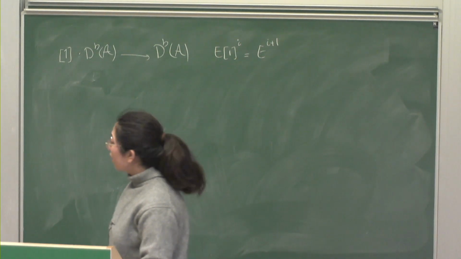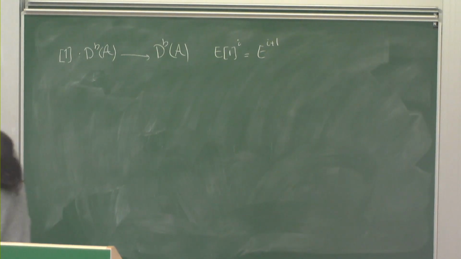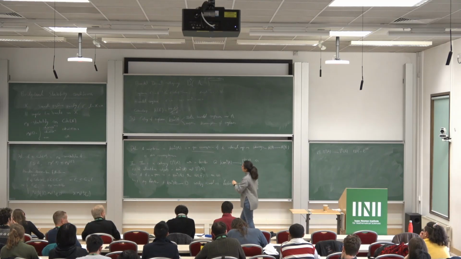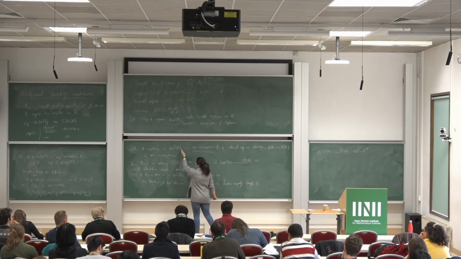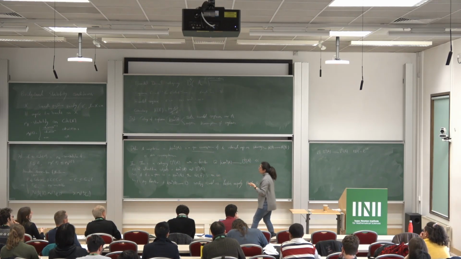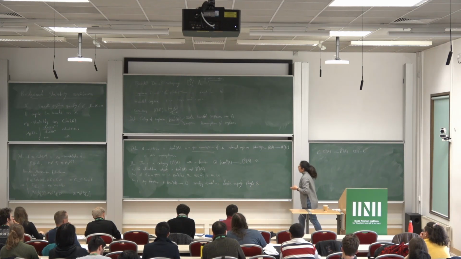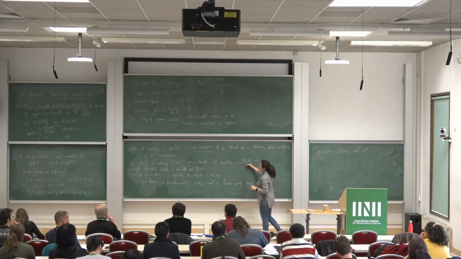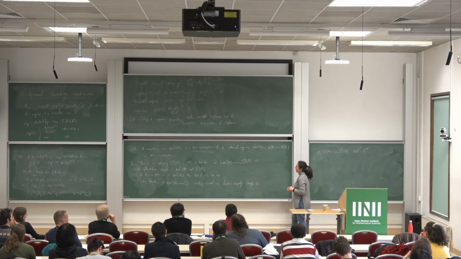But the whole point is that although the original category A that I started with and this category of complexes, Com^b(A), are both abelian categories, the category that we construct this way, D^b(A), is not an abelian category.